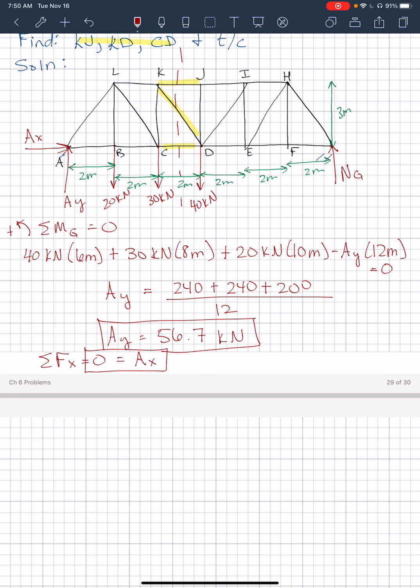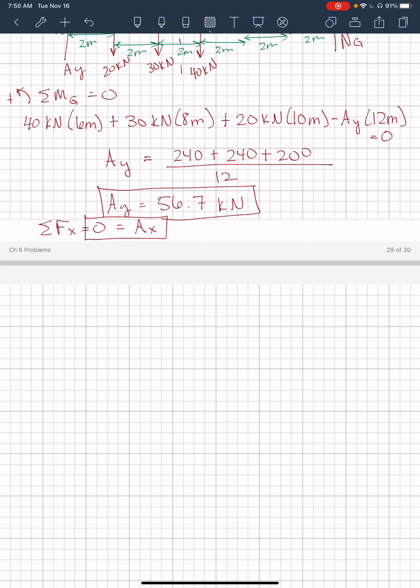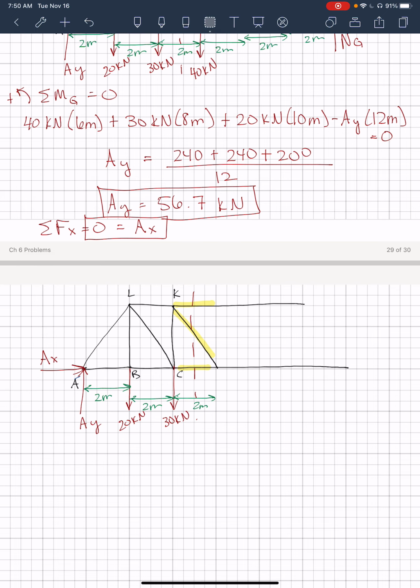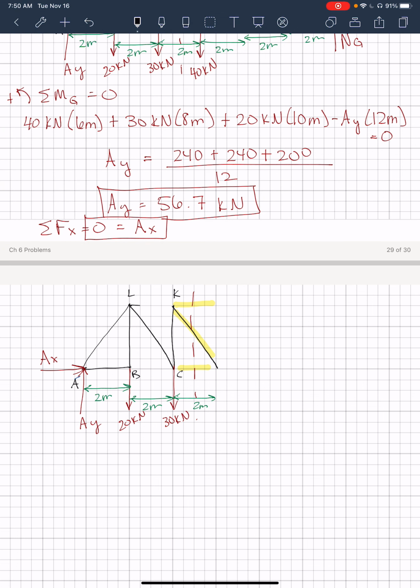So now we can draw the free body diagram of just the left side of the figure. I'm going to put that down here. Doesn't quite work completely, but I'll clean this up now. So we have this, we have that.